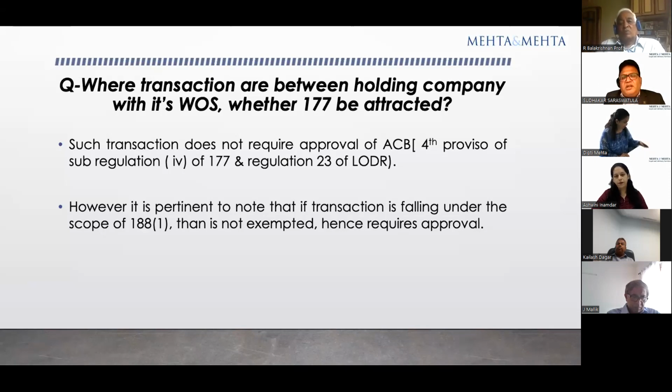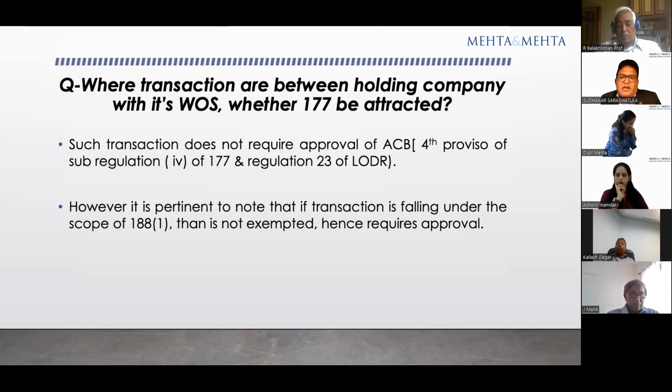Only thing I have cautioned the people was this: when the holding company is giving guarantees repeatedly on behalf of its subsidiaries, suppose I am having 200, 300 subsidiaries and the holding company is giving guarantees repeatedly, tomorrow the regulator may say that you are in the process of rendering services to your subsidiaries by way of giving guarantees. So that is the only gray area. It may happen, may not happen, but this issue may come up if you are doing it repeatedly.